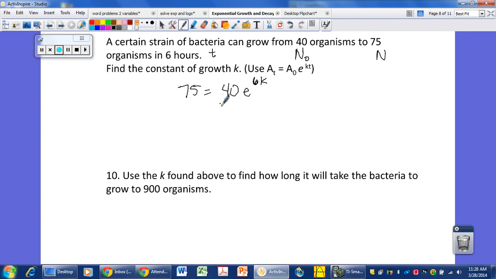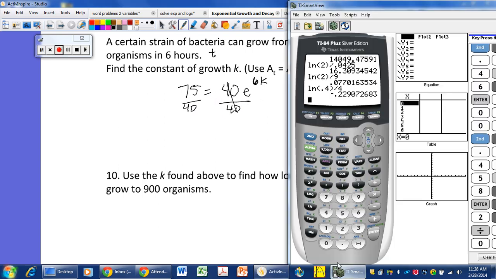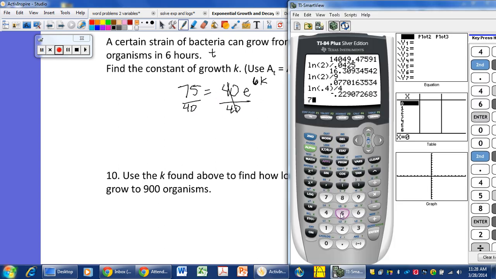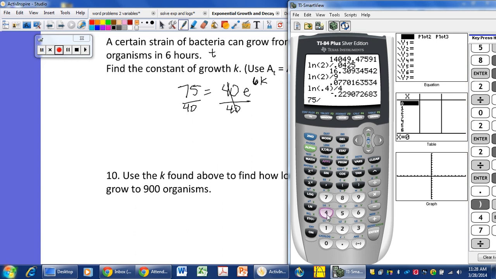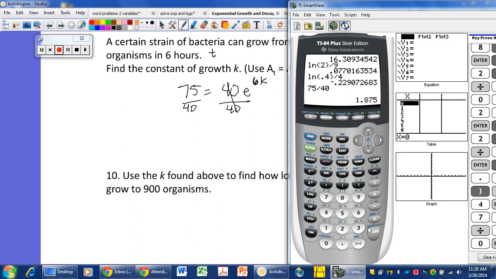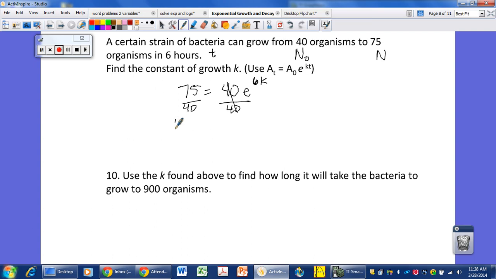So let's do our steps. Our first step is to divide. Okay, we'll bring that up and decimalize it real quick. 75 divided by 40. 1.875 equals e to the 6k.